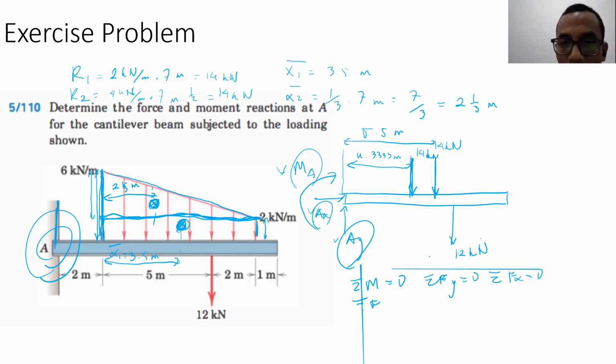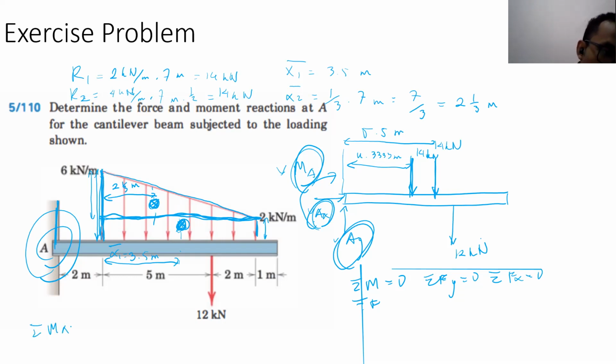The unknowns are MA, AX, and AY. Can we solve for this? We can, sir. Please solve it now. First we use the moment, I guess. Moment at A.